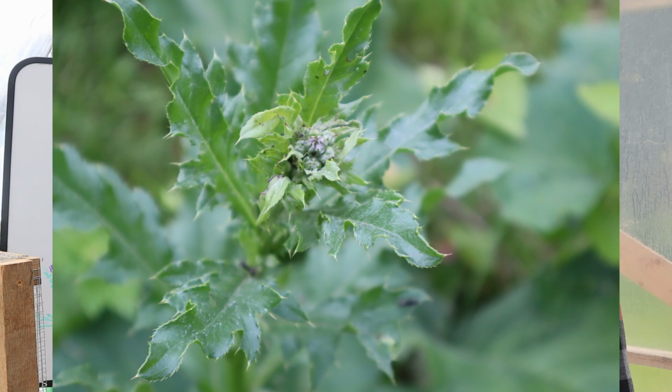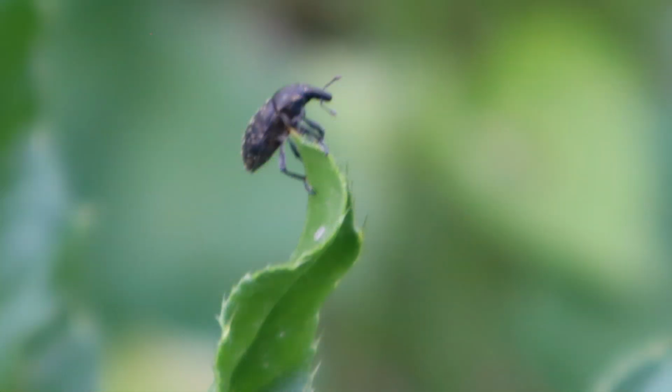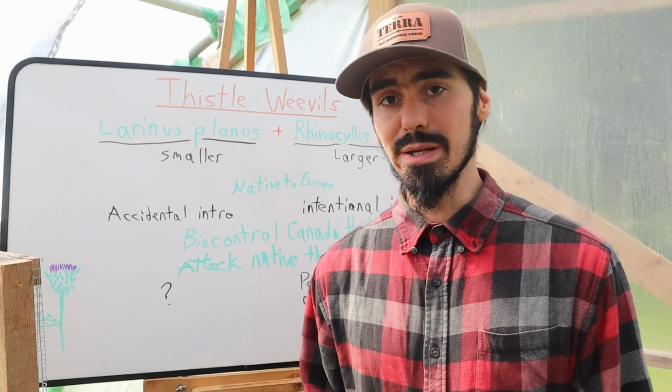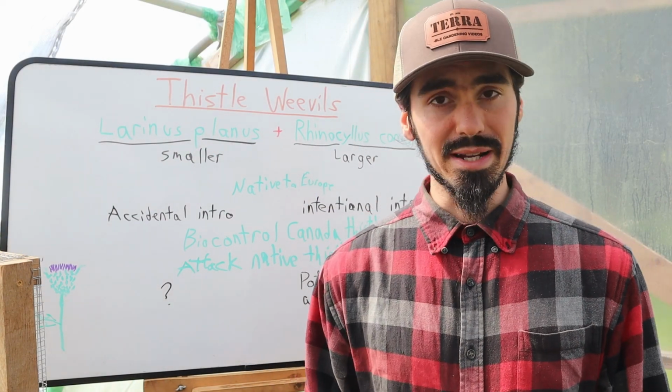And then secondly, are there any natural predators on that landscape that may work to control these weevils, right? Now that's going to be tricky because these weevils aren't native to North America. So finding predators that may specialize on these insects are probably going to be few and far between, if any.